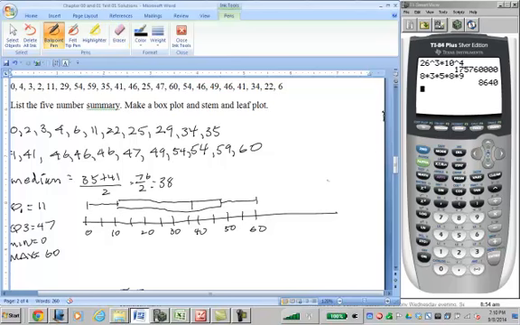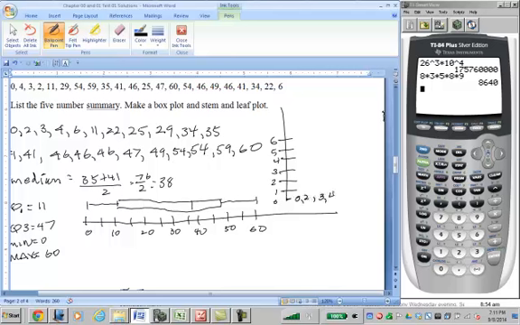All right. 0, 2, 3, 4, 6, 11, 22, 25, 29, 34, 35, 41, 41, 46, 46, 46, 47, 49, 54, 54, 59, and a 60.